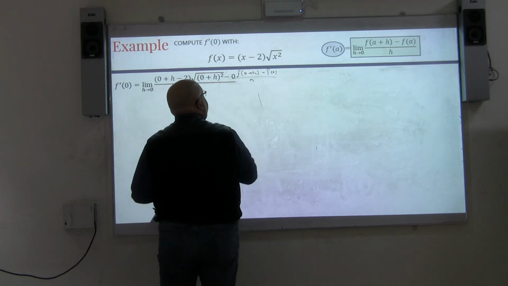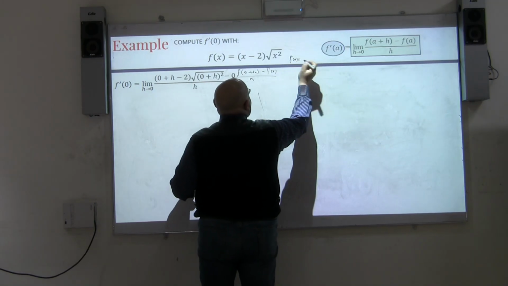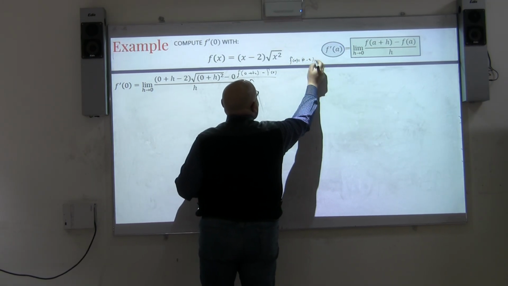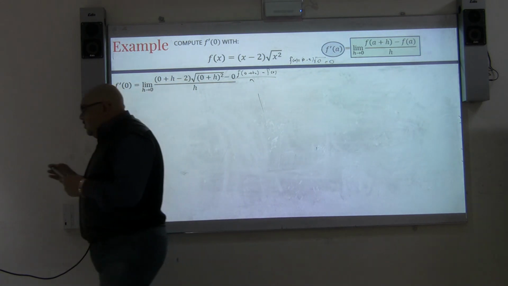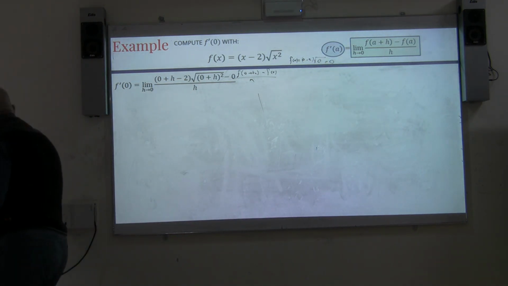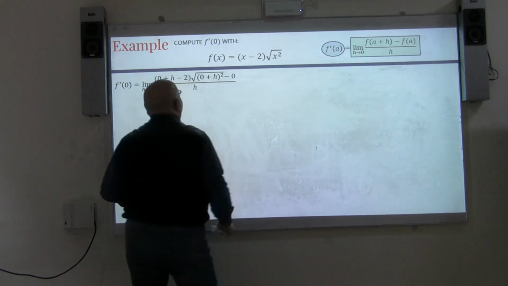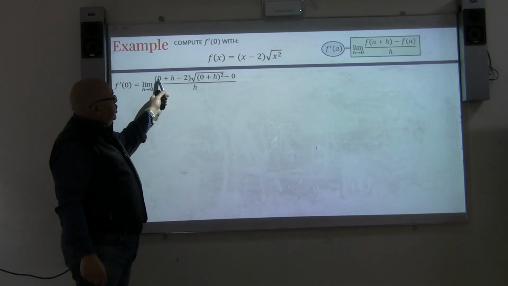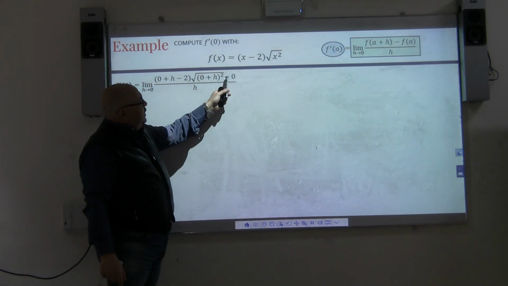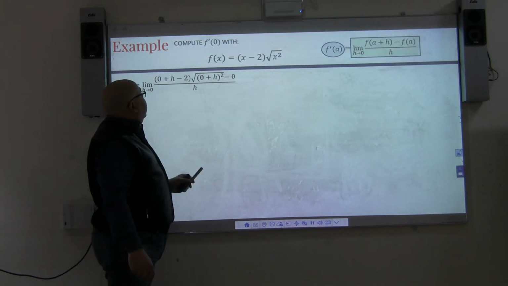To get f at 0, it's going to be 0 minus 2 times the square root of 0, which is 0. So the function at 0 is going to equal 0. This is why you have the substitution of 0 plus h, which is this part, minus the value of the function at 0, which is 0. Now let's simplify it a little bit.